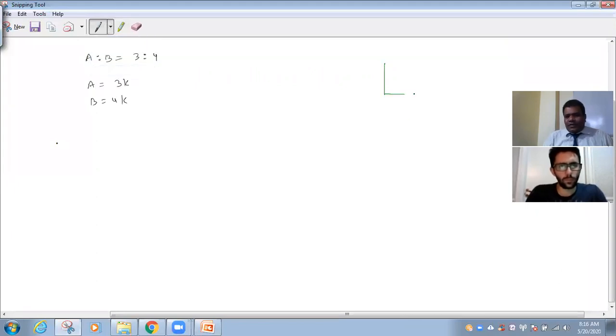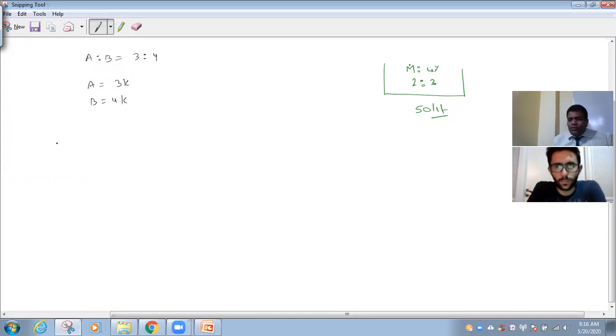Let us say this container contains 50 liters of a solution of milk and water. Maybe the ratio of milk to water is given as 2:3. Does it mean we have 2 liters of milk and 3 liters of water?